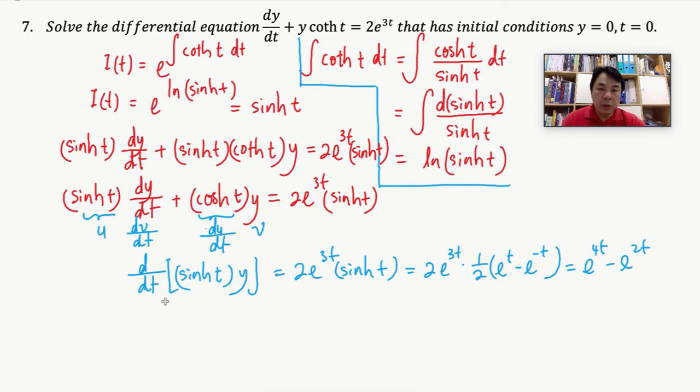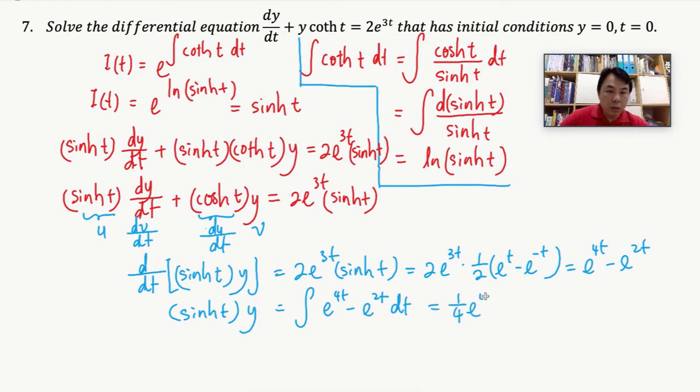And then finally, we're going to perform an antiderivative. So we say that sinh t y is actually equal to the integration of this expression with respect to t here, and then that would yield 1/4 of e^4t and then a half of e^t, and then don't forget we have the c.